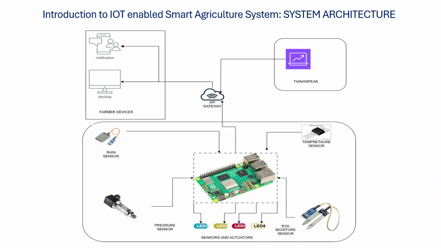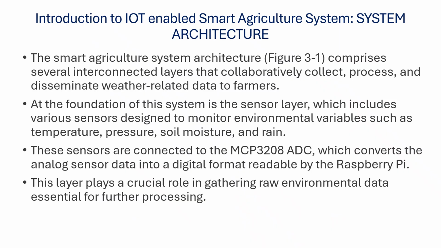Now I will share the explanation of the system architecture. As I told you from the diagram, the smart architecture consists of several interconnected layers. These layers are the application layer, sensor layer, and the processing layer, and they collect the data.